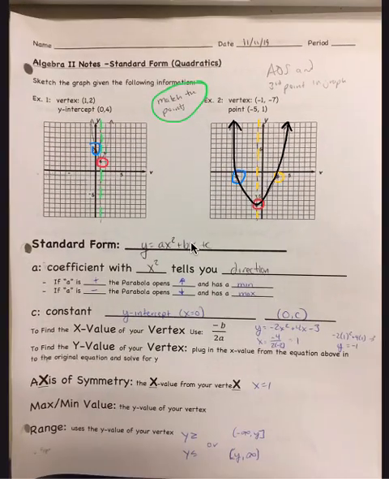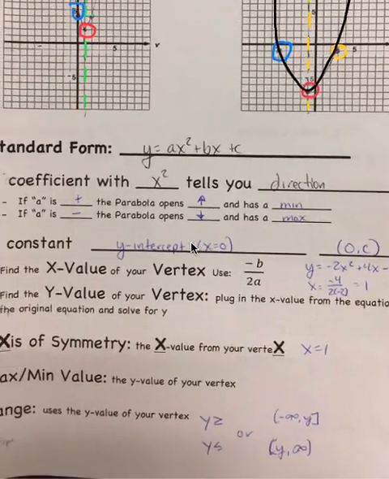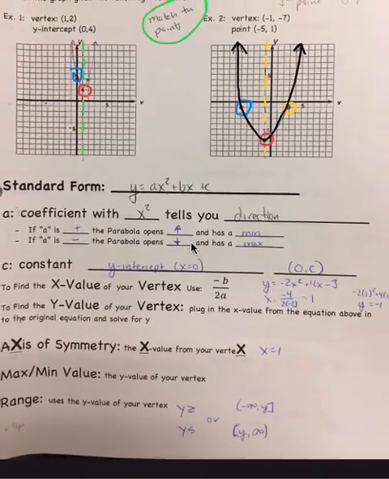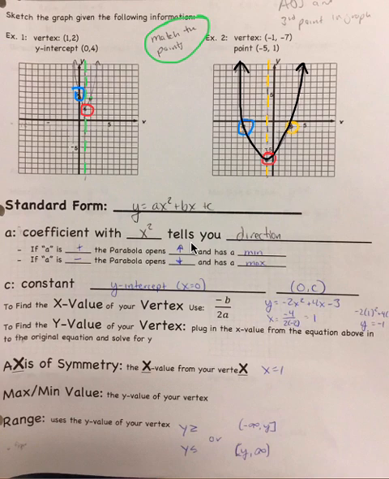Alright, now standard form. I've written all this stuff out because I can't write very well with this stylus. So standard form is, we've gone over it before, y equals ax squared plus bx plus c. And a and b are the coefficients, c is a constant.